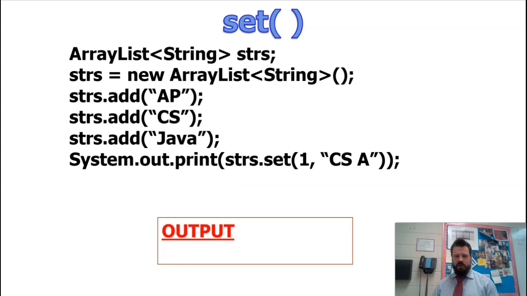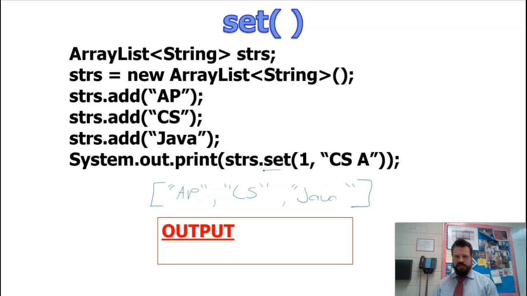Well, when I run this code, it's going to have the same effect on my array. So we'll just write that down here quick. This code here is going to give me an array of strings with AP, CS, and Java.